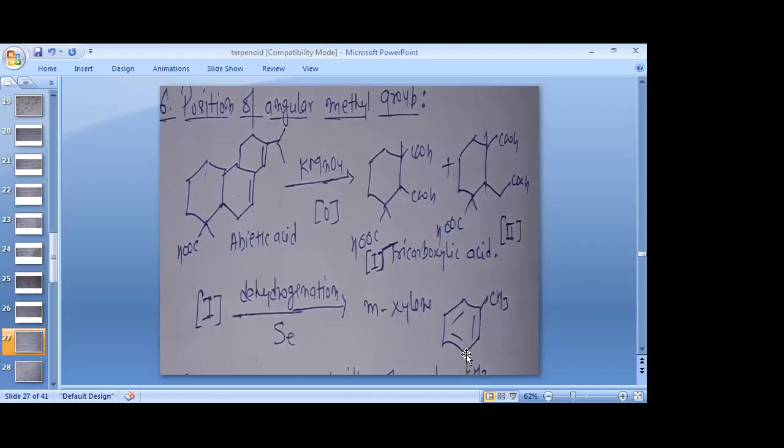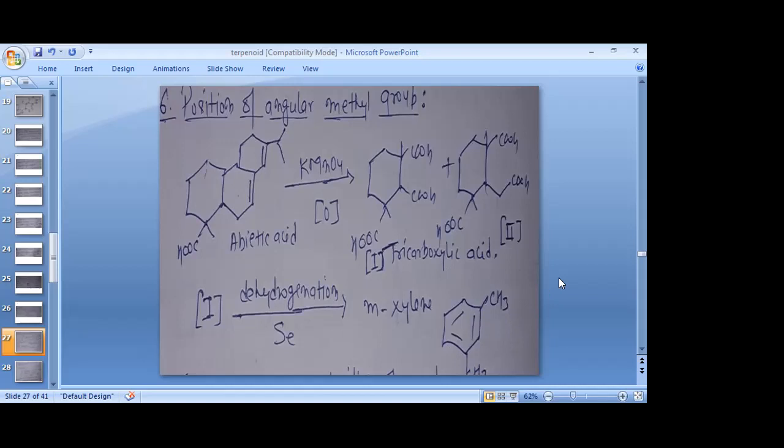Now it is confirmed, because you already know one methyl group is already present at the first position. So the second methyl group is present at this position, and it is actually the 10th position in abietic acid. So the 10th position of the angular methyl group is confirmed by the product metaxylene.